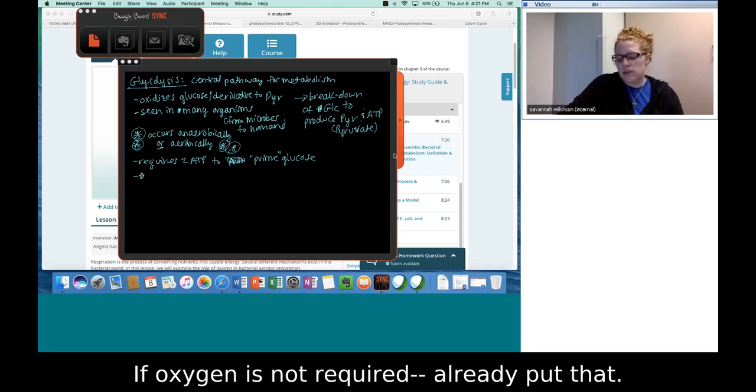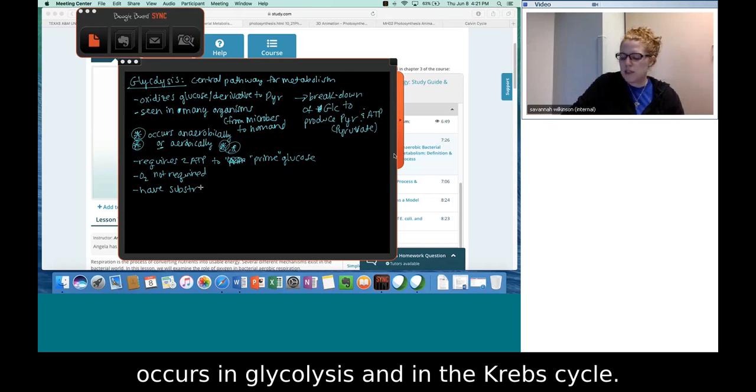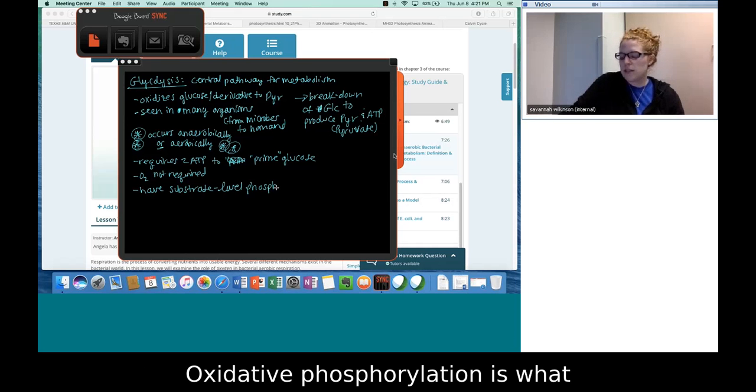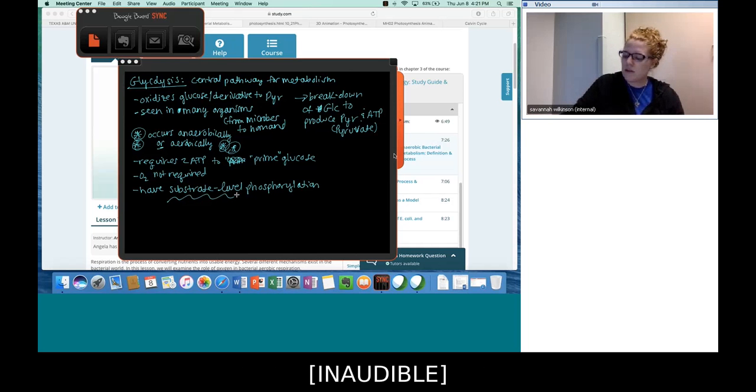Yes, oxygen is not required. I already said that. And substrate level phosphorylation occurs in glycolysis and in the Krebs cycle. Okay, oxidative phosphorylation is what takes place at the electron transport chain. This is important.